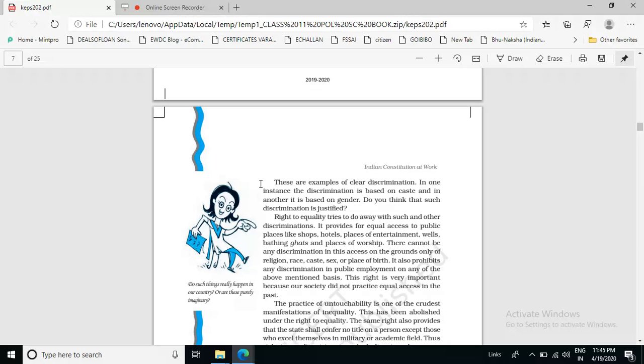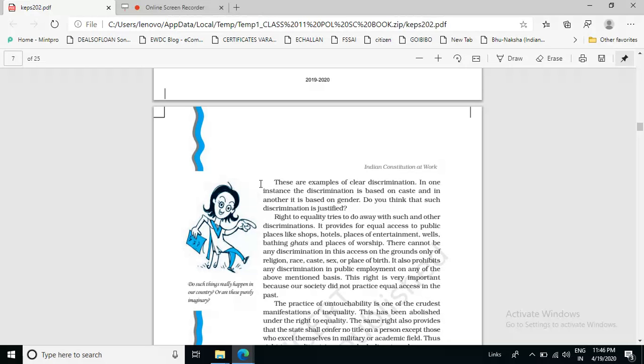It means no one can stop anyone on the basis of caste, gender, religion, race or creed or anything. Not on any basis can anyone stop anyone from going to these public places.